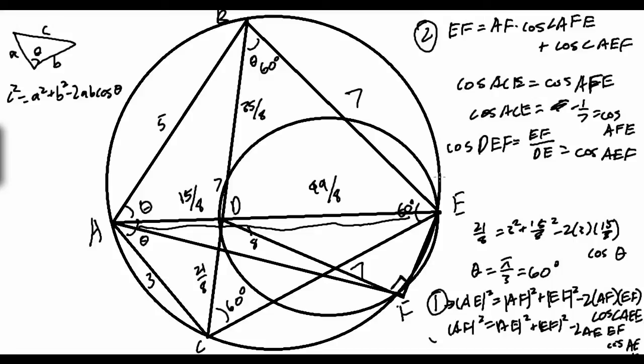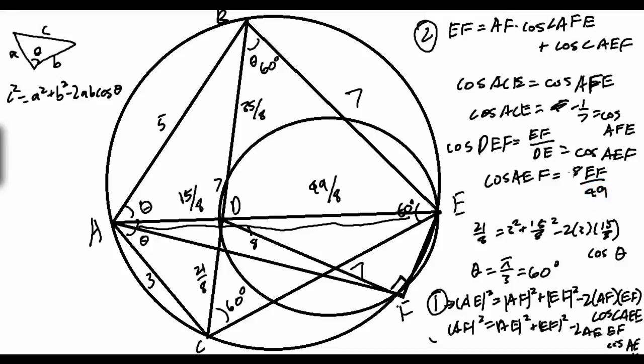Okay, so now we have all this. Let me see what to do next. We can sub in DE, since we know DE is 49 over 8, and we get that cosine AEF equals 8EF over 49.